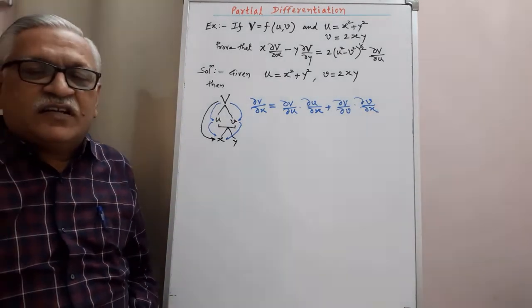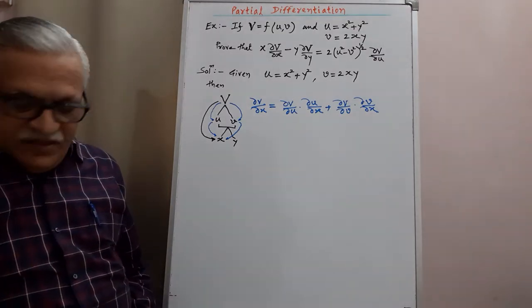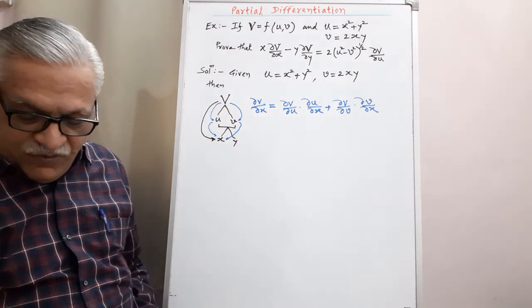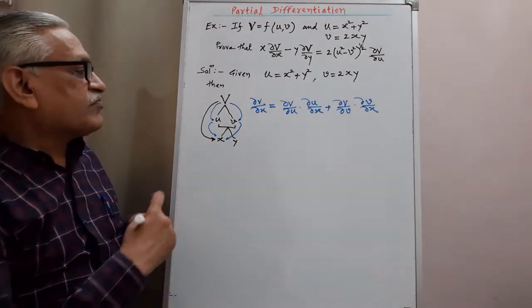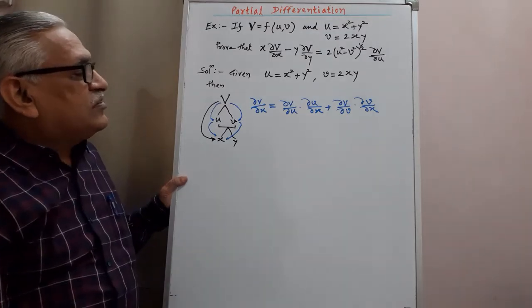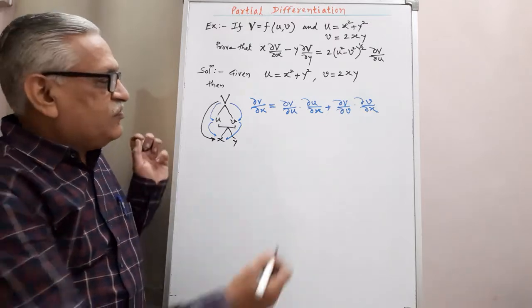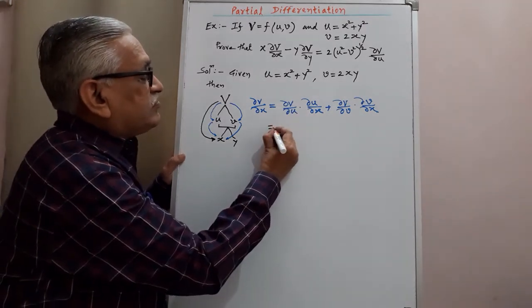This result is called the result for change of independent variable. And therefore, to obtain it, dou V by dou u, as V is not provided, we can't obtain that value. We keep that term as it is.